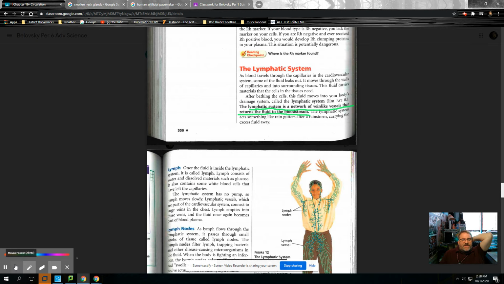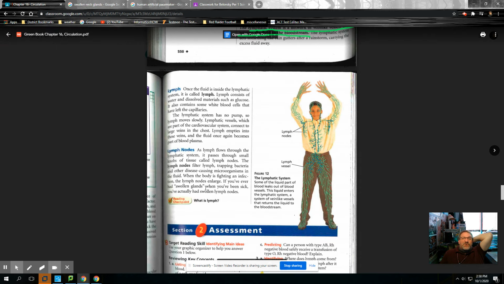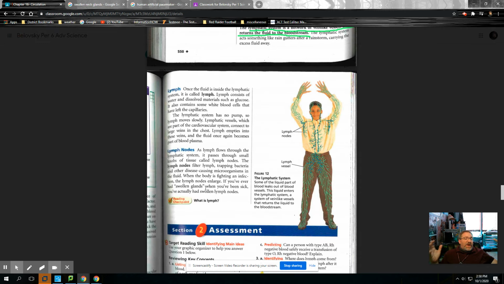And what this fluid does is it tries to capture bad stuff. And when I say bad stuff, I'm talking about bacteria, viruses, disease-causing microorganisms, things like that. And if the lymphatic system can catch this stuff, it catches it in a liquid that is called lymph.